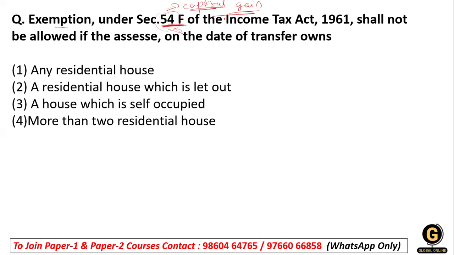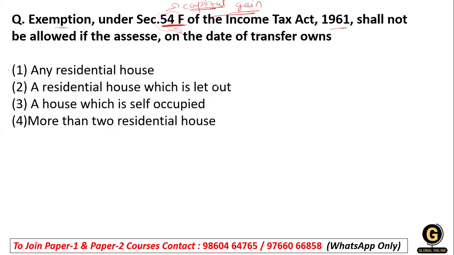Of the Income Tax Act 1961, it shall not be allowed if the assessee on the date of transfer owns: the first option is any residential house which is let out, a house which is self-occupied, and more than two residence houses.